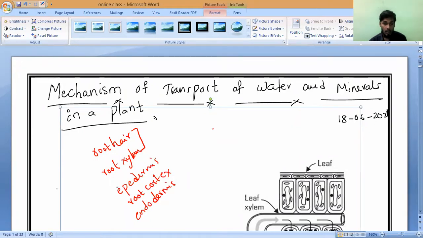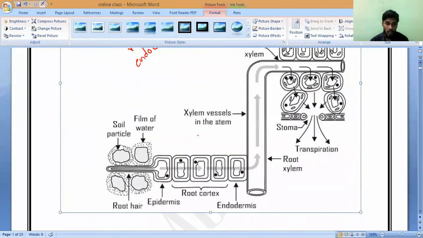So now let us discuss this once again. As we know, at the last end of the root, we have small hairy leg-like structures. That is what we call root hair. This root hair is in direct contact with the soil particles, where we have a film of water.